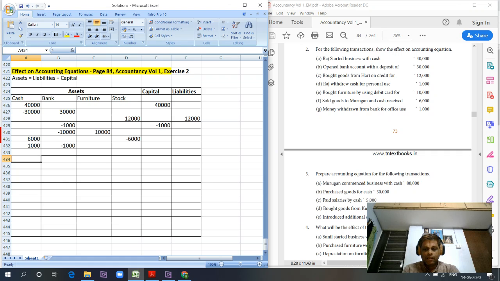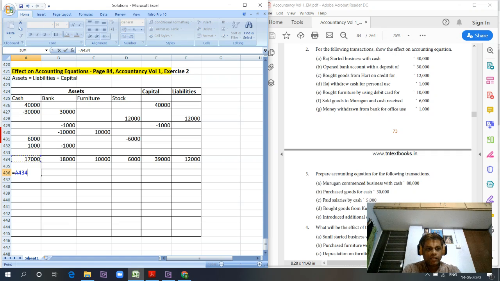So let us add this total. 17,000, right? What is the total of bank, furniture, stock, capital and liabilities? The formula is assets is equal to liabilities plus capital.